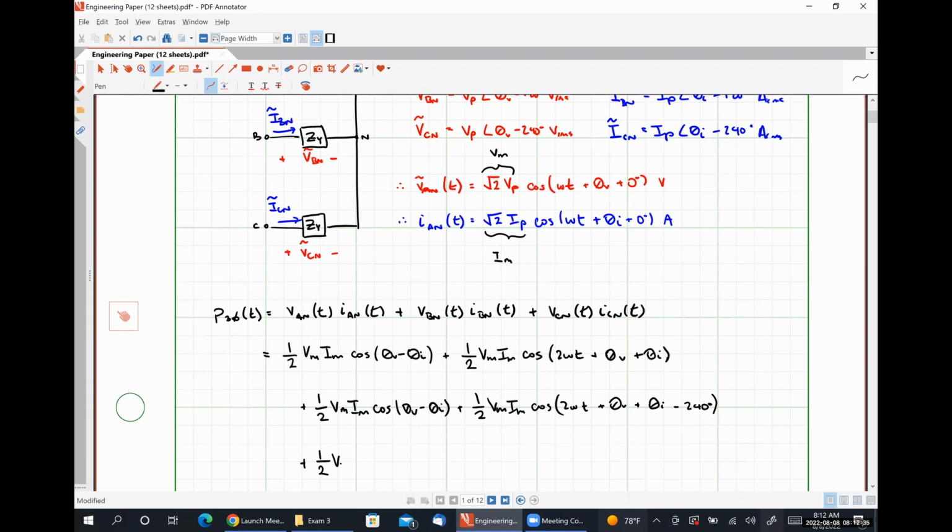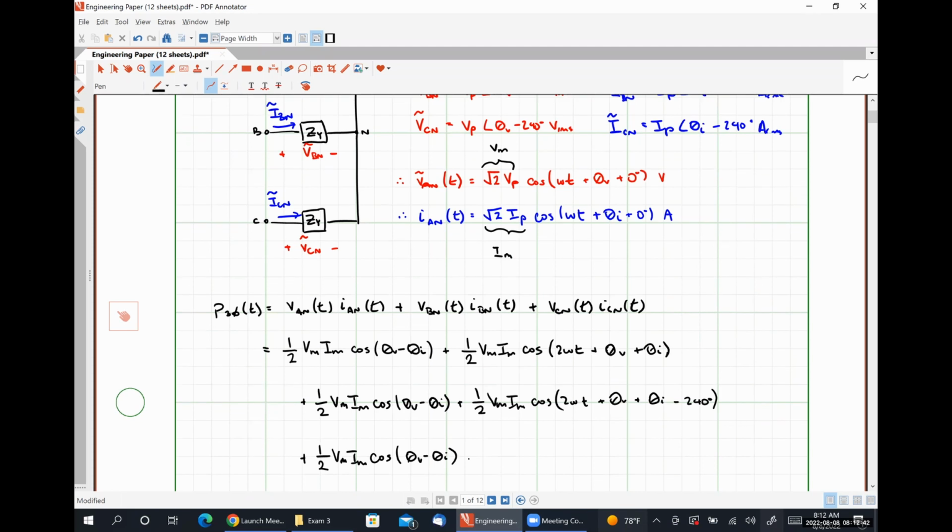And then 1/2 VM IM cosine theta V minus theta I plus 1/2 VM IM cosine twice omega t plus theta V plus theta I minus 480 degrees.